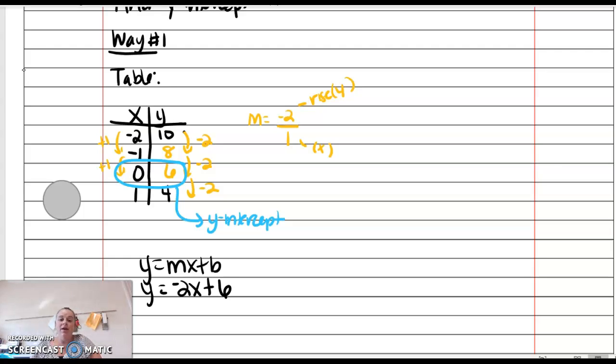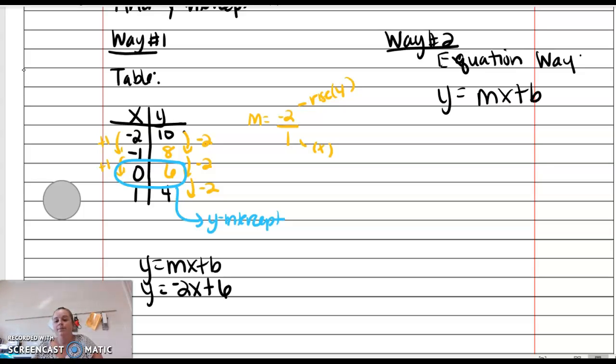Okay, so the other way for finding y-intercepts would be to solve the equation way. If we use y equals mx plus b and fill in what we knew, we get y equals, well, we solved for our slope, which was -2, x plus b, and just like we did in the last problem, we had to have an x and y, or a point, to put in here to solve for b.